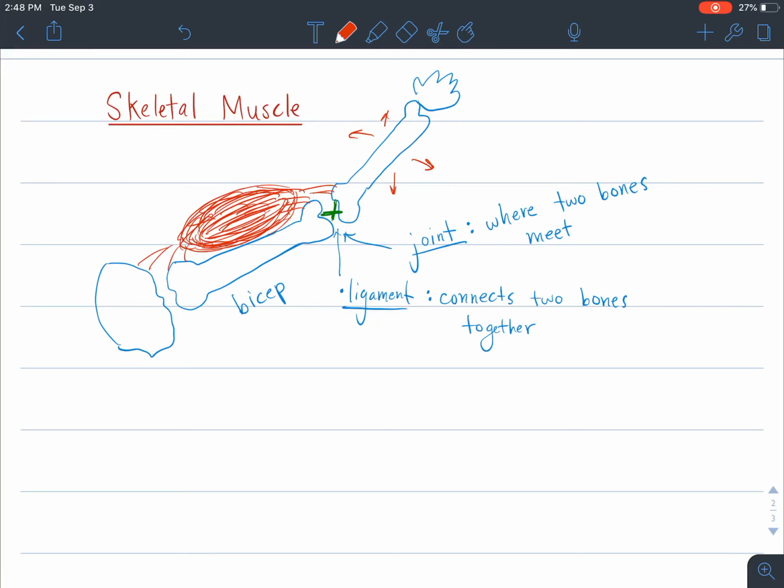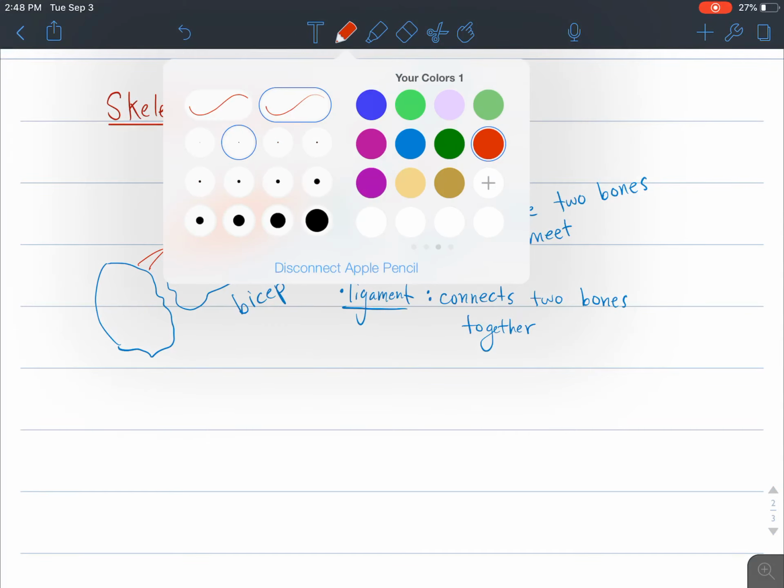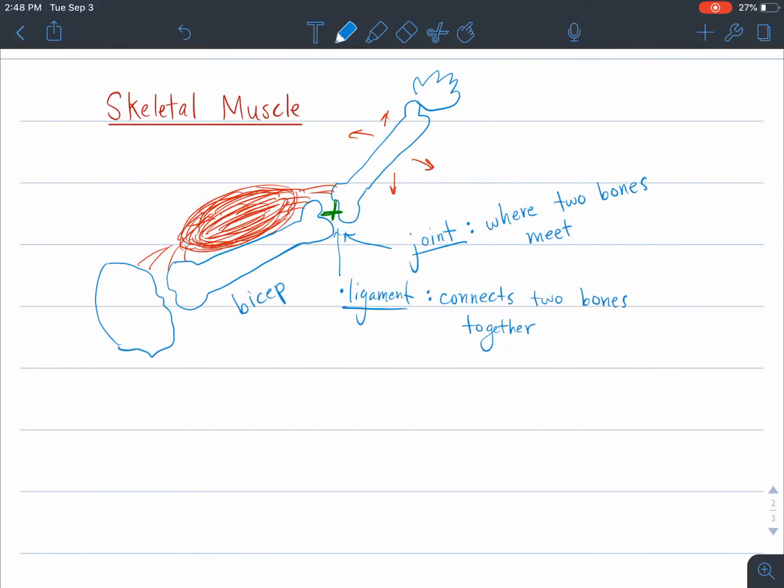Okay, so another word that's going to be important is a tendon. A tendon is different than a ligament just because a tendon is what connects a bone and muscle together. So for tendon, we'll say that it connects the muscle to the bone.